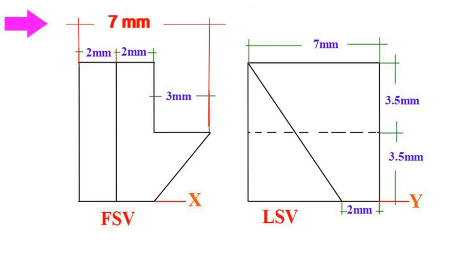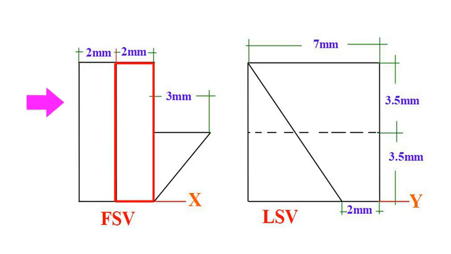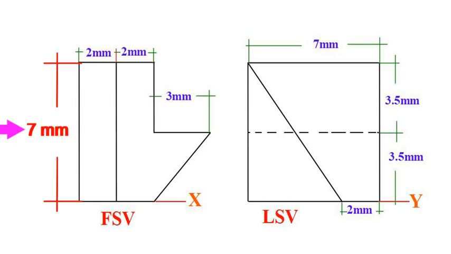Within this width, there are two distinct rectangular features, each measuring 2 mm in width and 7 mm in height. These rectangles are positioned adjacent to each other, contributing a total of 4 mm to the overall width.